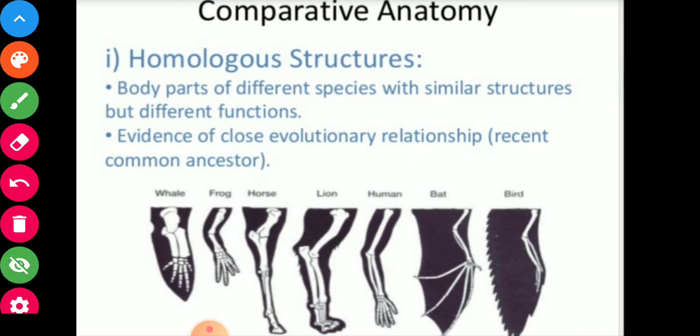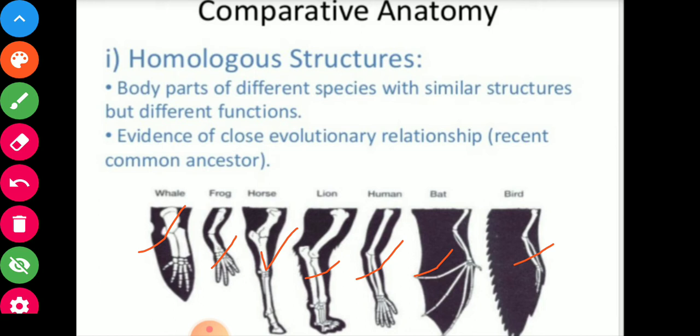These structures are homologous structures, like four limbs in different animals like whale, frog, horse, lion, human, bat and birds. They are having the basic structure similar.